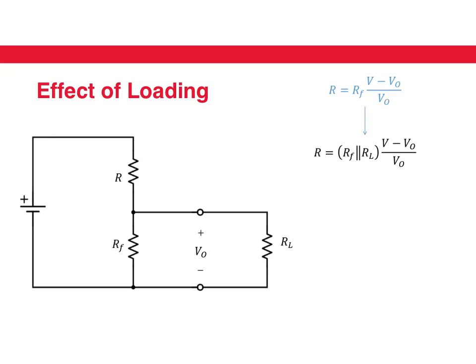If you're trying to measure R, the effect is that RF gets replaced by RF parallel RL, which means that if RL is infinite, that is, if no current is drawn, then the output is very close to the ideal one. As RL becomes smaller and smaller, the resistance that you're measuring starts to get distorted, and you don't get the right values.